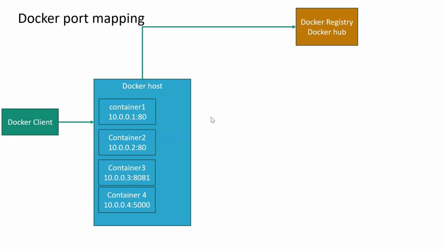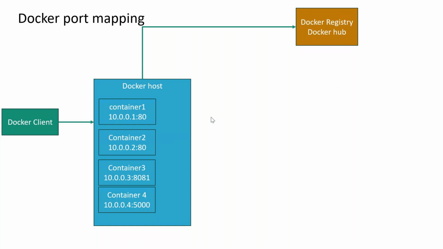Now, when you are running a container, how do you access these containers? First of all, every container will get a specific IP address. This is an internal IP address which is automatically assigned as part of the network within the Docker host. So if you create hundreds of Docker containers inside the Docker host, they will automatically get one IP address each, and they will run their own respective applications.